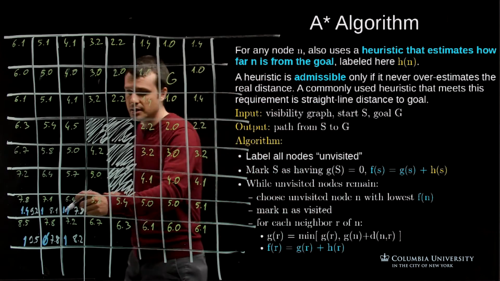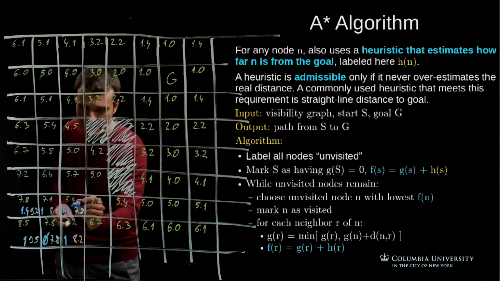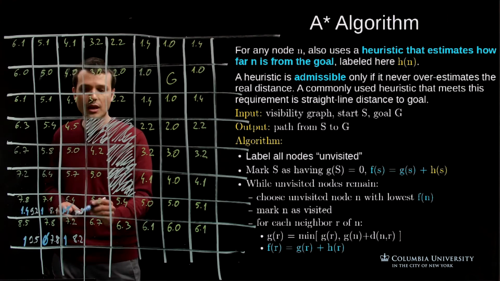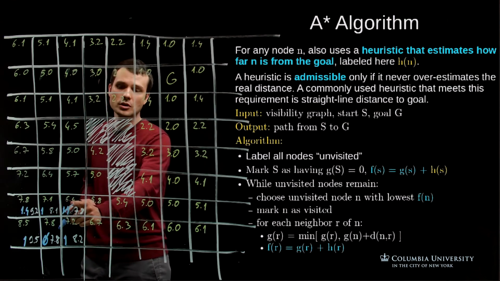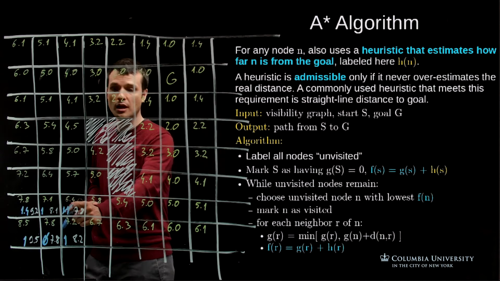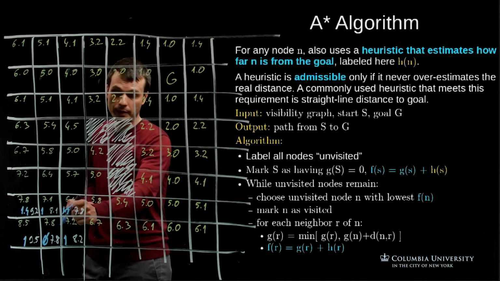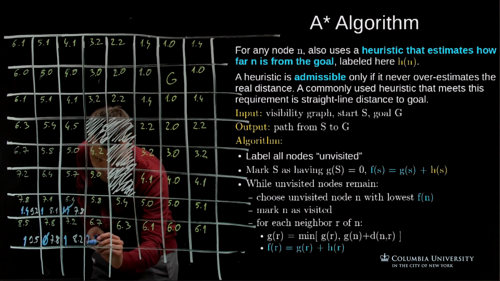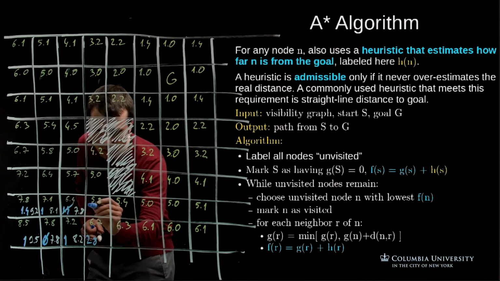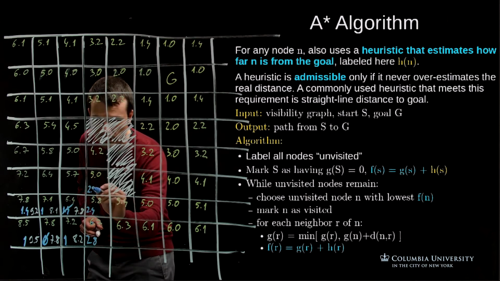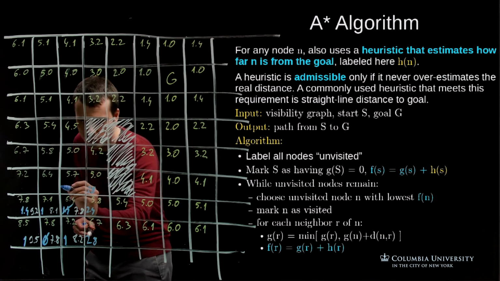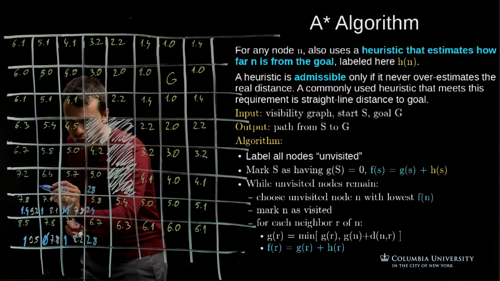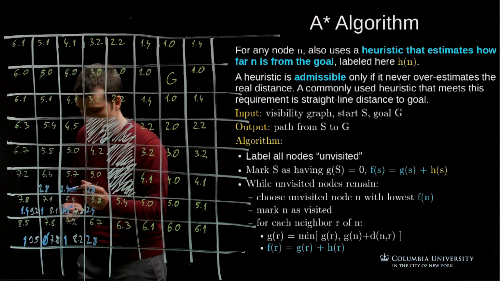So 7.8, this is the one that I'm going to visit next, so I'm going to mark it as visited. I'm going to update the lengths of the shortest paths from the start that go through the one that I'm visiting right now. So 1.4 plus 1.4 will give me a 2.8 right here, a 2.4 right here, a 2.8 here, 2.4, 2.8.